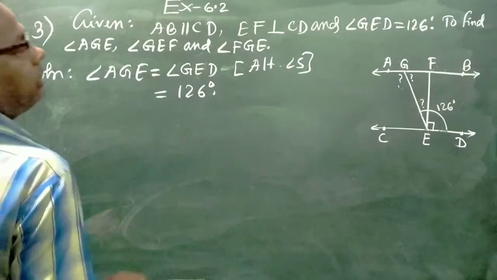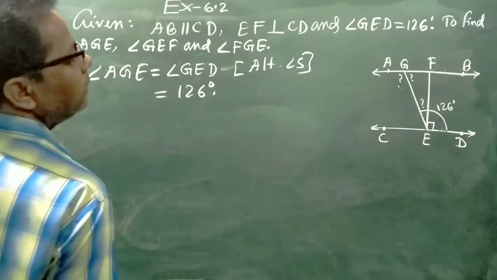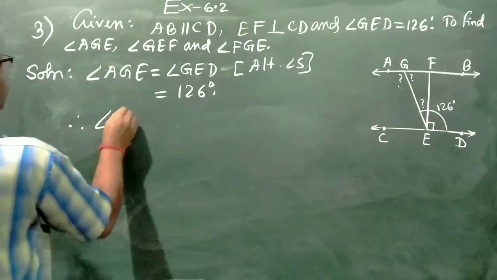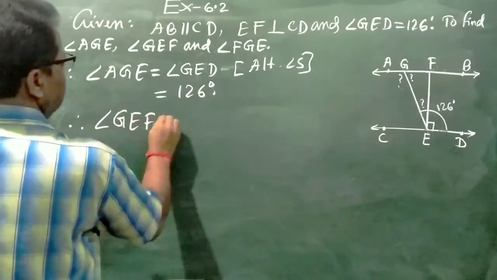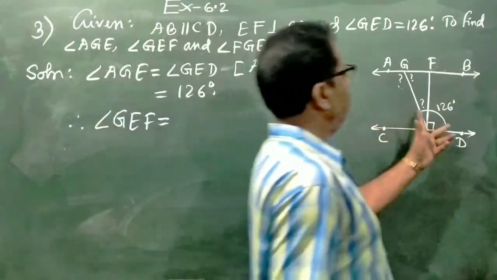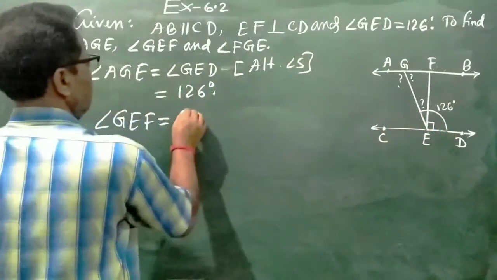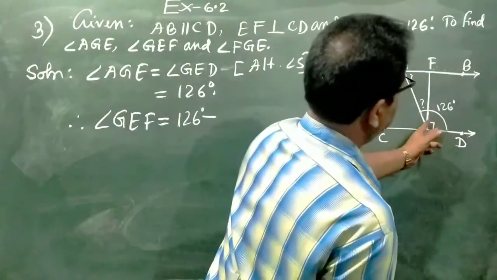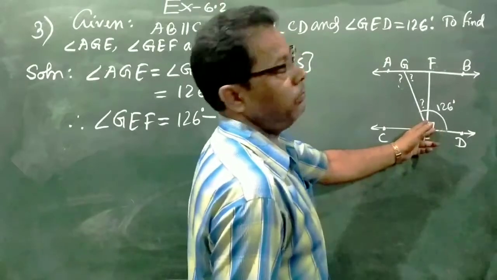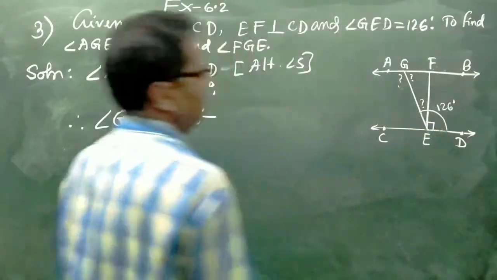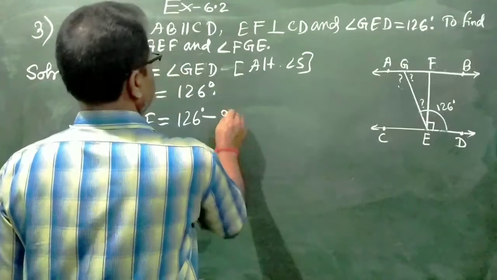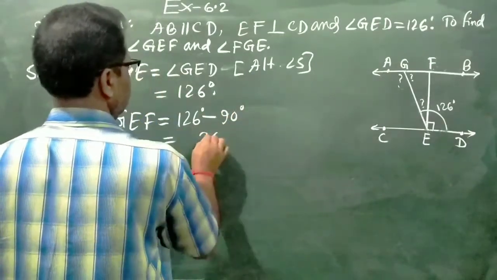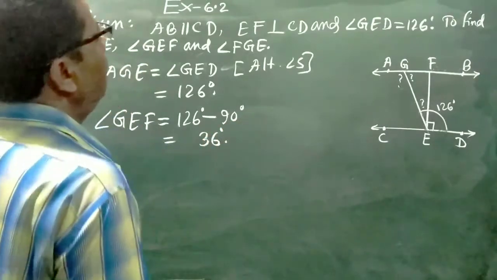Then angle GEF is equal to 126 minus this 90 degrees, as the 90 degree perpendicular mark is shown there. Then cutting off 90, it is 6, 9 plus 3, 12. This is 36.